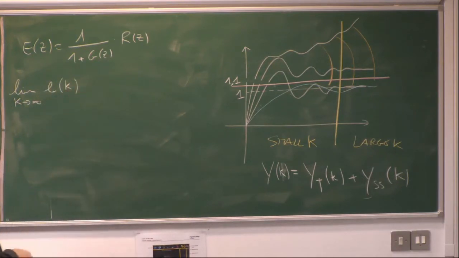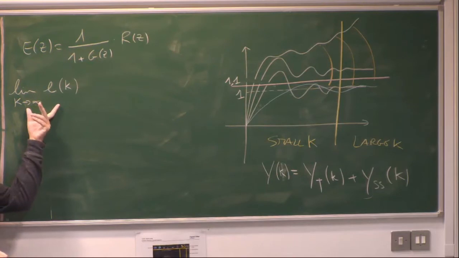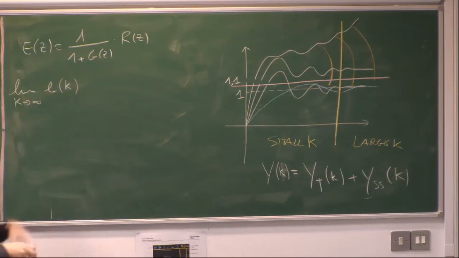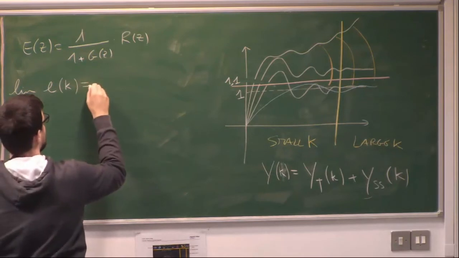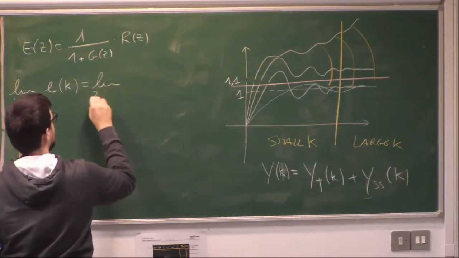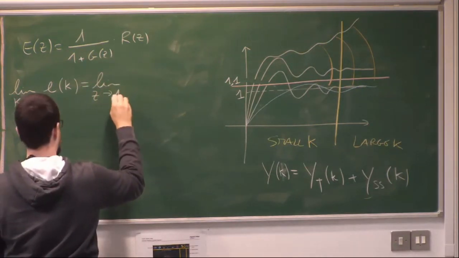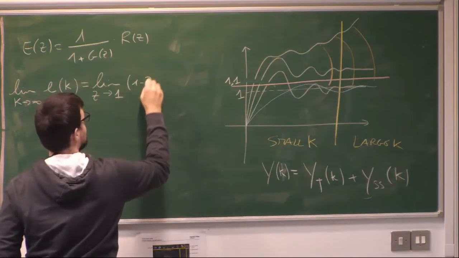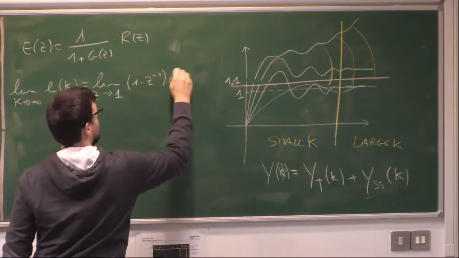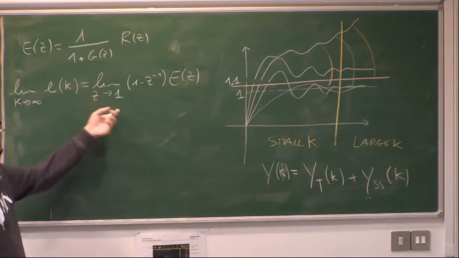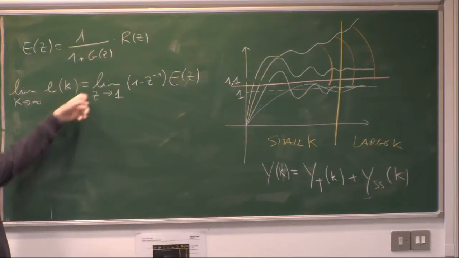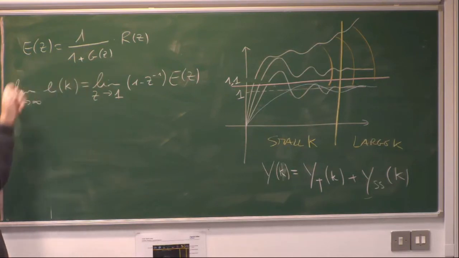We can use the final value theorem to compute this limit. So this is equal to the limit with z that goes to 1 of 1 minus z power minus 1 times E of z. So we have used the final value theorem to compute this value.